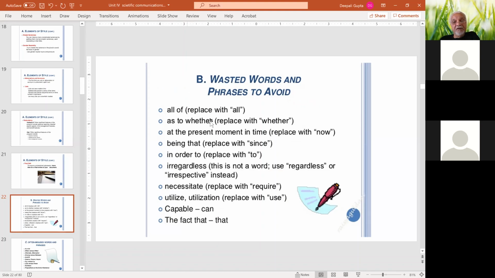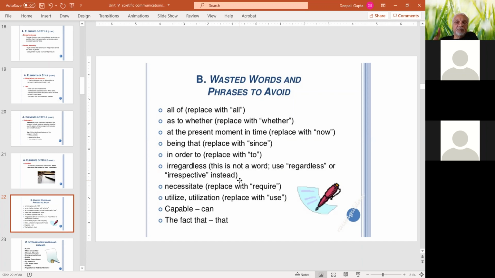"As to whether," just write "whether." "At the present moment in time," you just say "now." Now means the whole 4 or 5 words. "Being that" you can write "since."